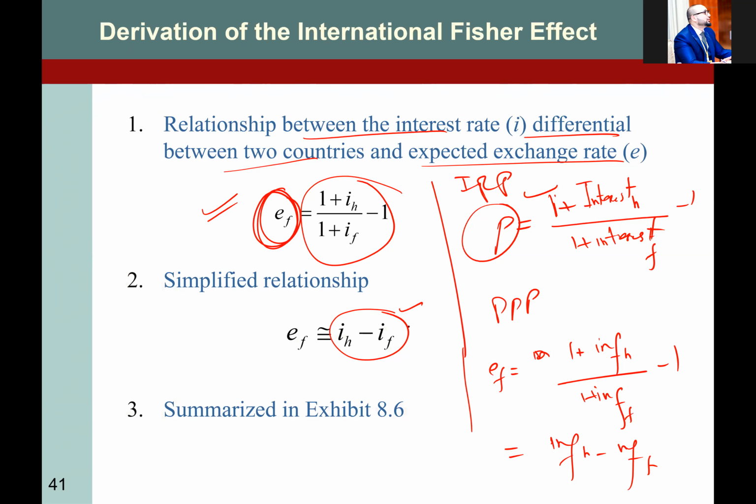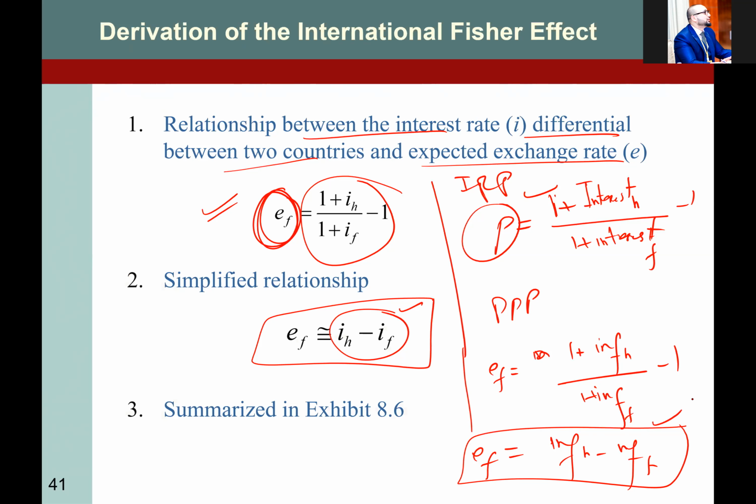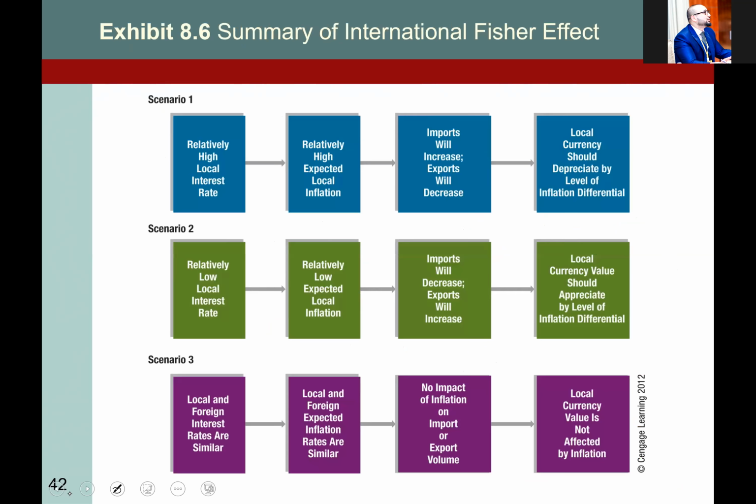The IFE says it is the difference in interest rate. PPP says it is the difference in inflation. IRP says that the forward premium is equal to interest rate in home minus interest in foreign. So that is just the basic difference between them.